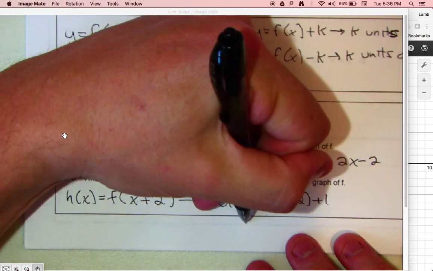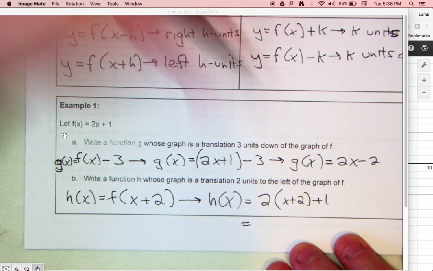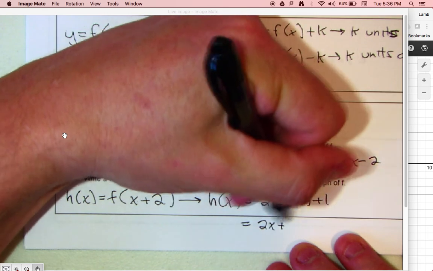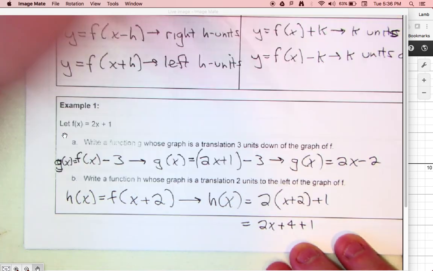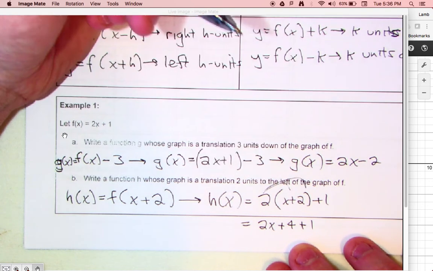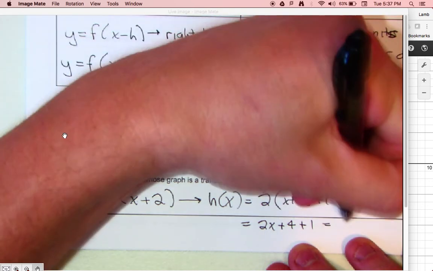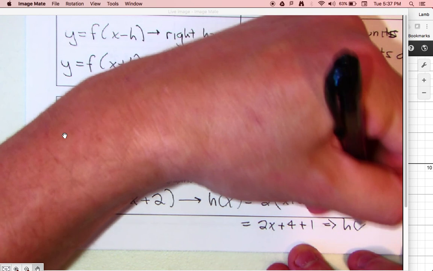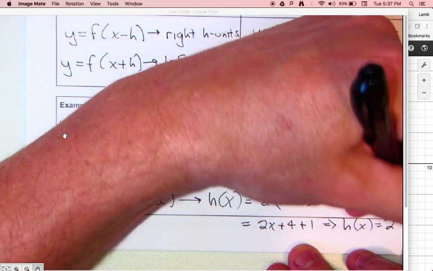Got to do the distributive property. So we're going to have 2x plus 4 plus 1, and that gives me h of x equals 2x plus 5.